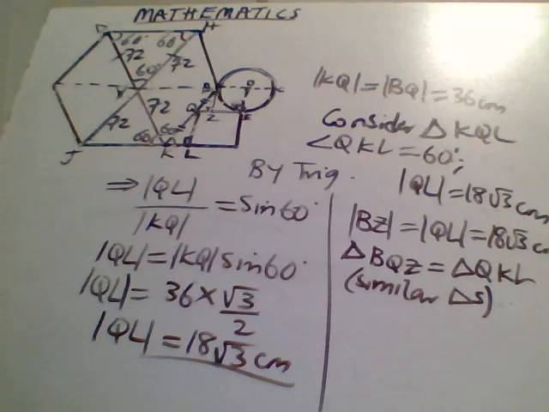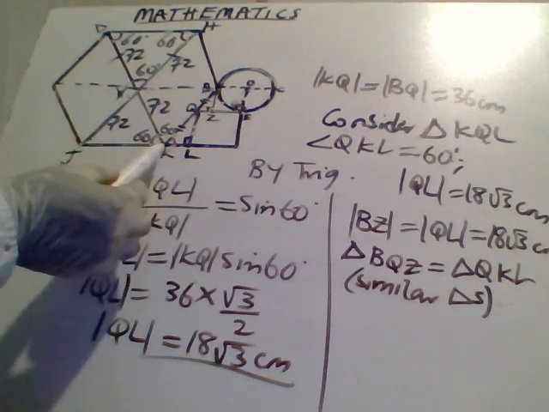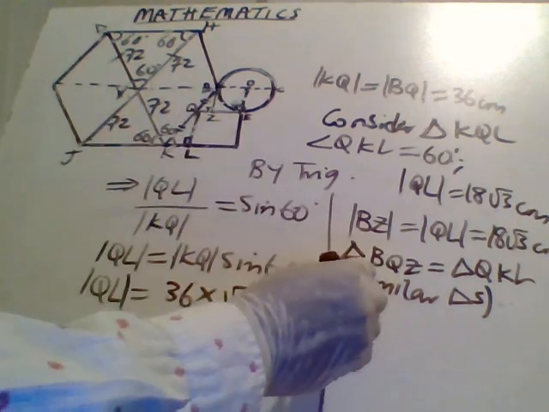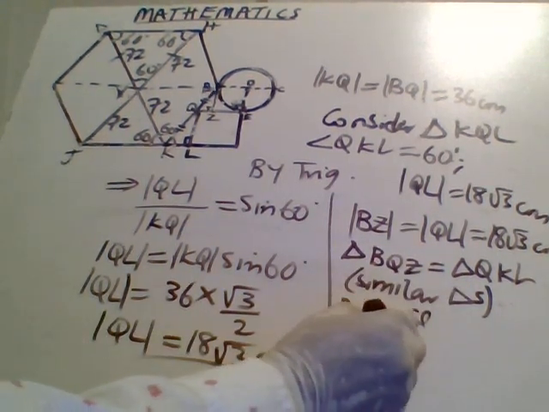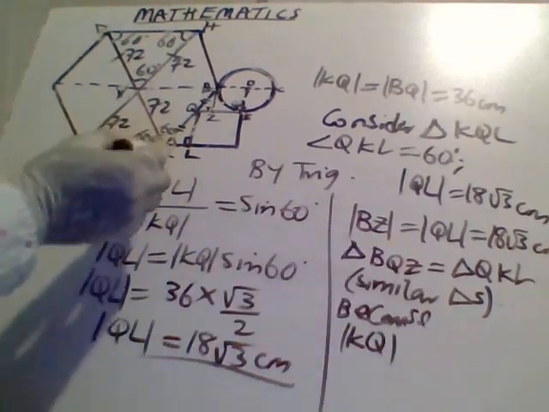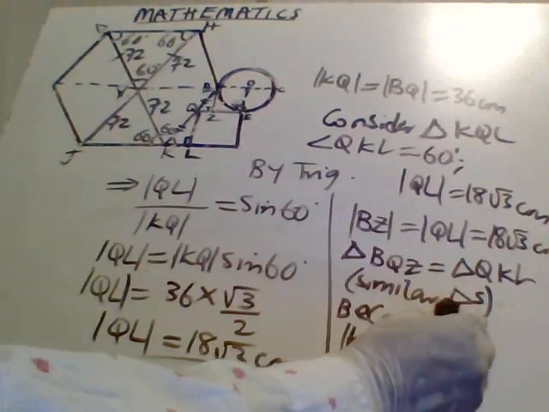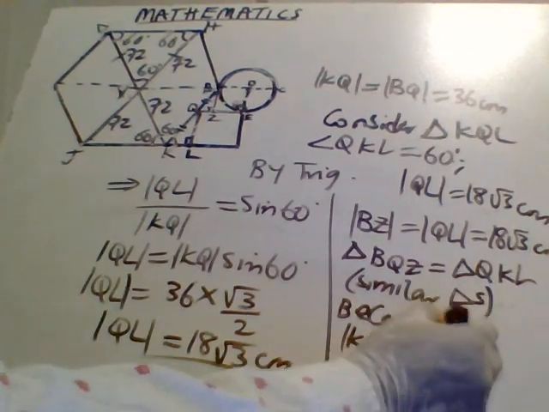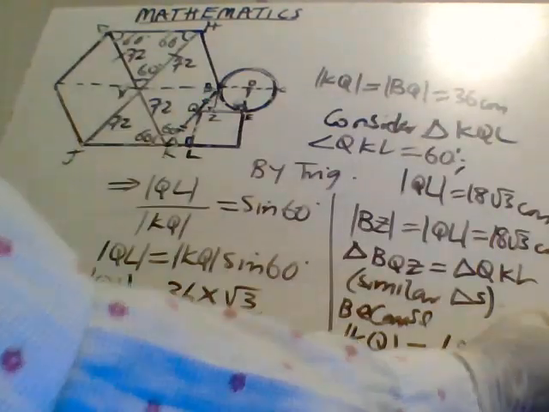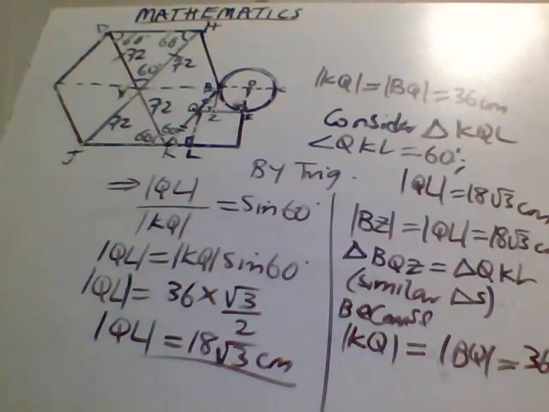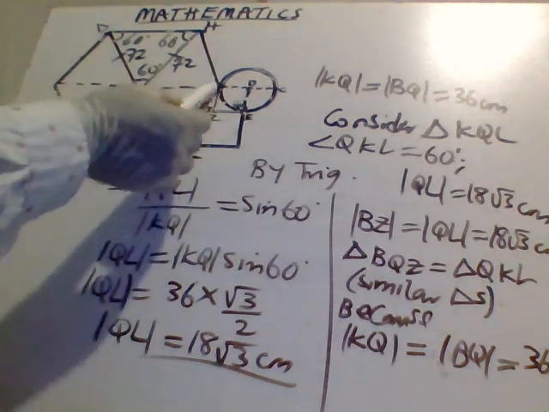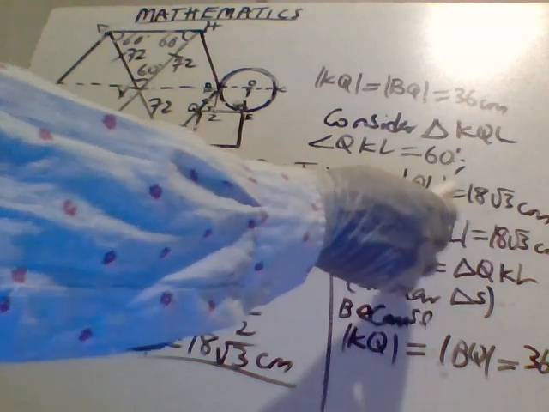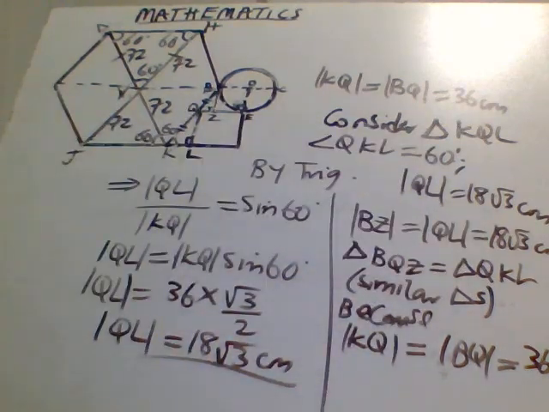But not only are they similar triangles, they have the same property, because in this case, KQ is given to be equal to BQ. And from what we have solved all the way, it is 36. So it has the same property. So here will be 36. So that when we solve for BZ, we still get the value we have for QL, which is 18 root 3.